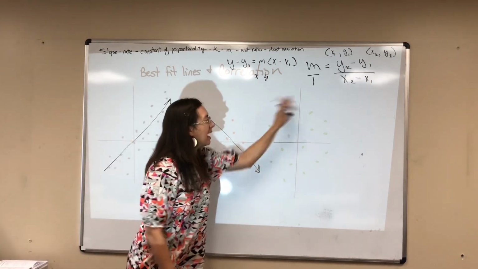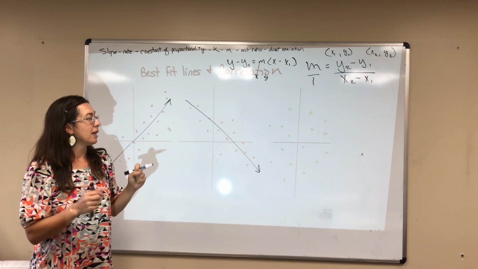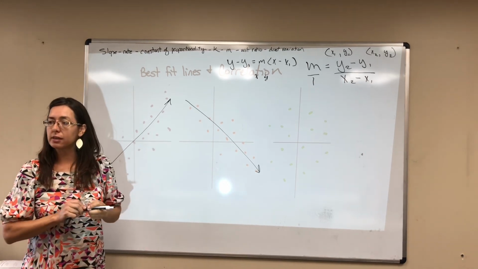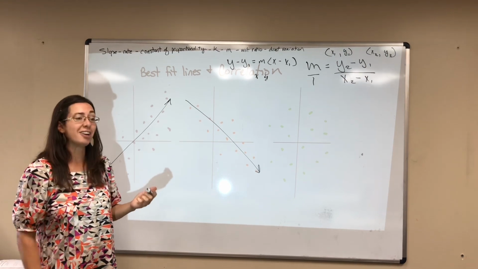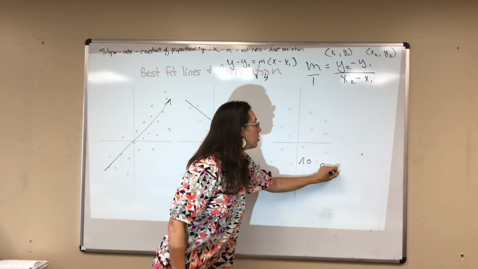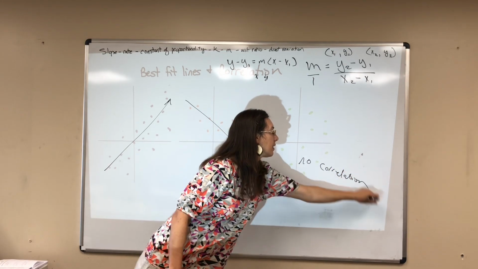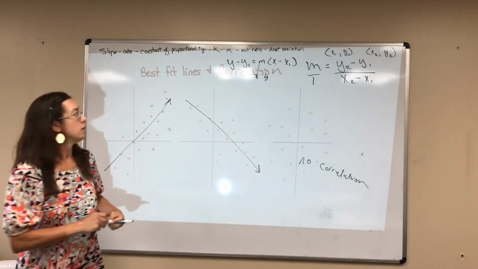Now my green guys, is there any way that I can draw a line through them that kind of sums up what they look like? I mean, not really. Great answer. You just say it has no correlation. Okay? So it can be positive, it can be negative, there can be none.